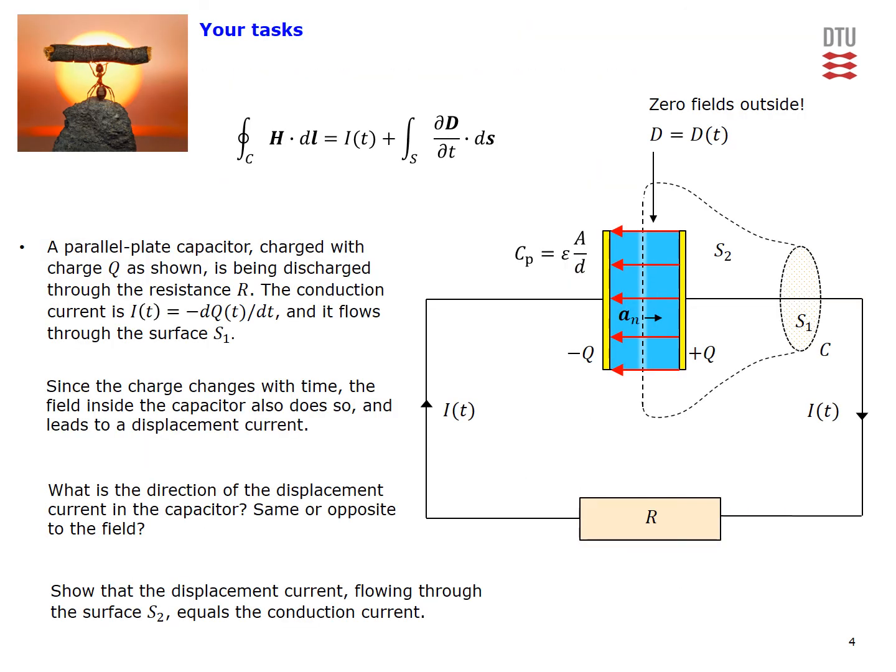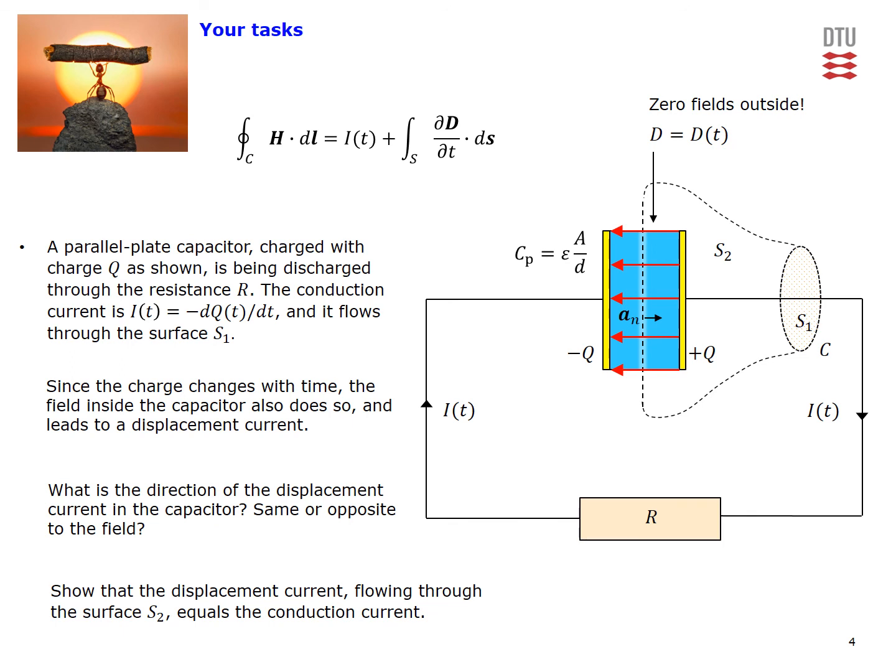So we are now arriving at the end of this tutorial. You can see Ampere-Maxwell's law, which is the one to use in case of time varying fields. And as usual, we have a task for you. You can see the configuration at hand on the figure to the right.